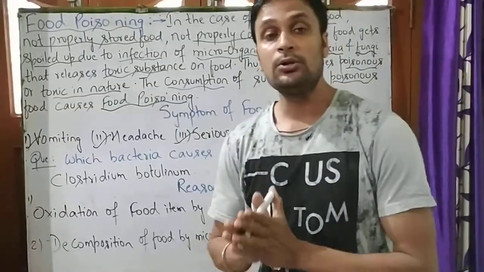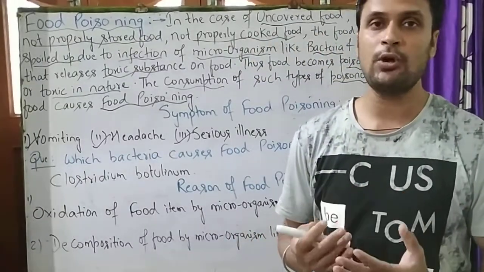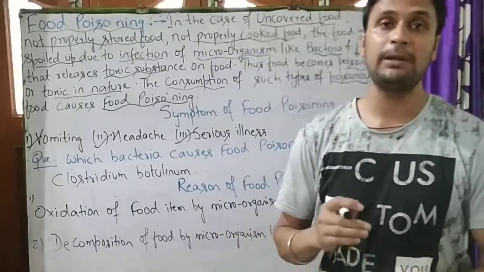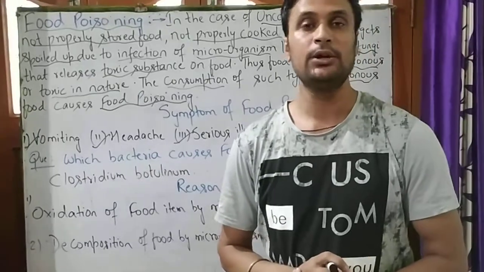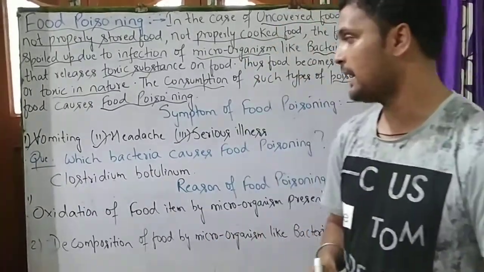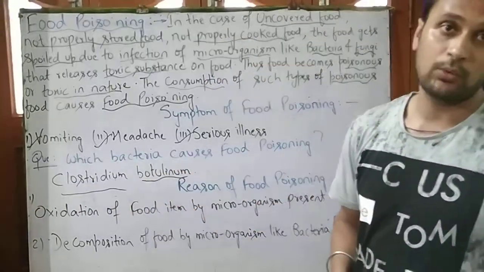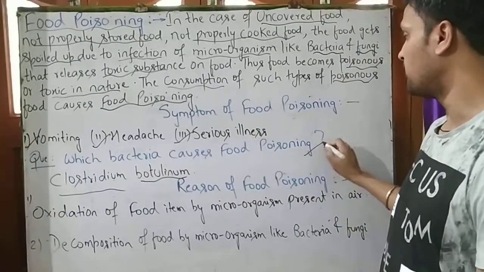Students, not only uncovered food, but in most cases canned food, tinned food, or sealed container food also causes food poisoning due to the action of a bacterium known as Clostridium botulinum. A question arises now: which bacteria causes food poisoning?